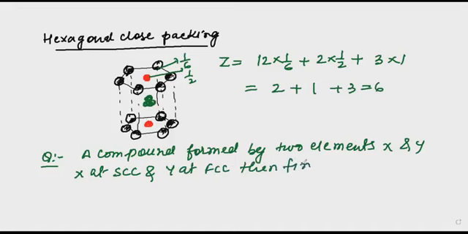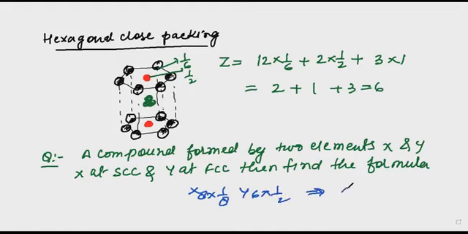Then find the formula. So the formula becomes: X is SCC, 8 into 1 by 8. Y is FCC, 6 into 1 by 2. Formula becomes XY3. Clear? Very simple. X is SCC, Y is FCC. The formula is XY3. Now we are coming to the next question.